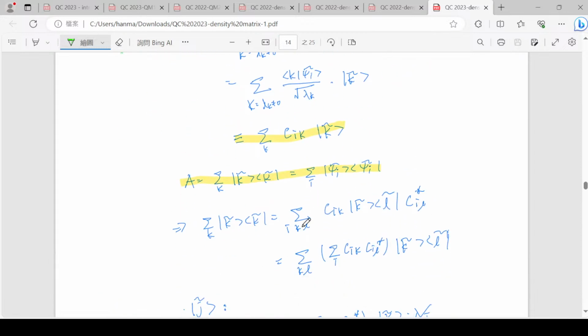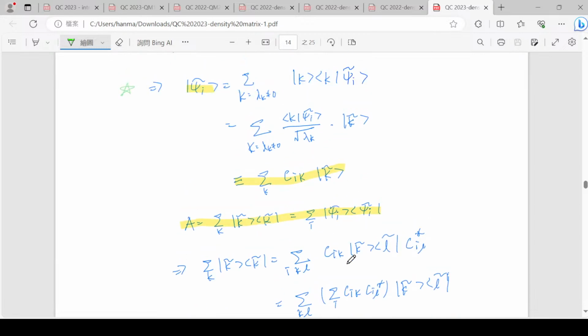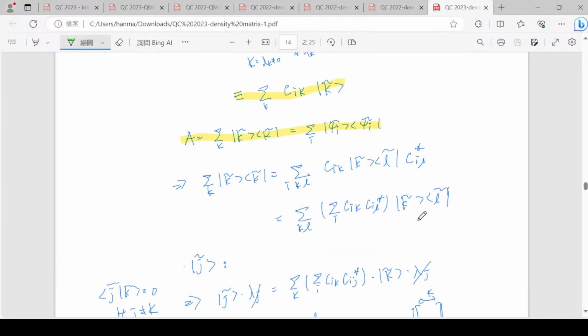Okay, so the summation of k tilde equals this summation. You break psi into the summation of k tilde. And once again, as before, for the ket part and the bra part, you need different dummy variables. So this part breaks into a summation over k, and the bra part breaks into a summation over l, giving C_ik and C_il star.